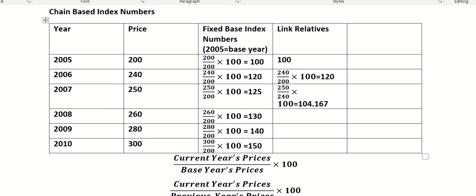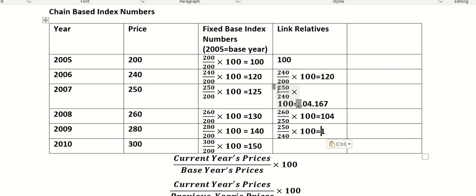Now again we apply the formula. Current year here is 260, previous year is 250 into 100. So this comes to be 104.